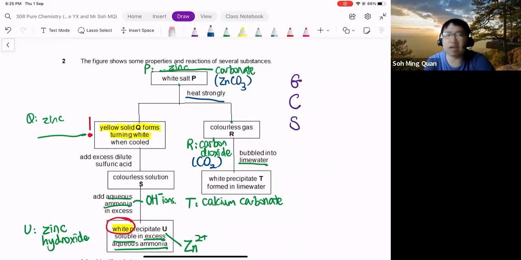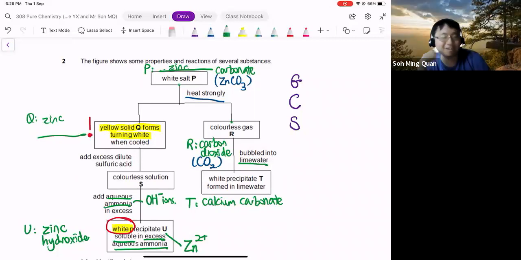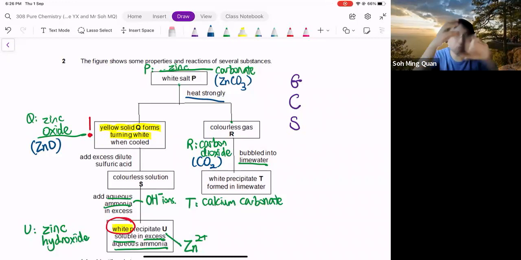So what do you think is the other thing, Q? What do you think is left behind? So CO2 came out from ZnCO3. What is left? So you started with ZnCO3. CO2 came out already. So what is left? Is it zinc oxide? Isn't it zinc oxide? Yeah, it is, right? ZnCO3, CO2 removed already.